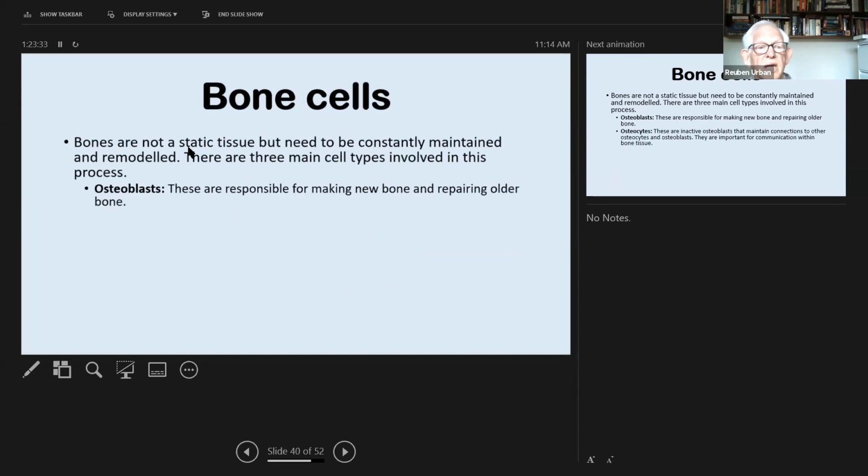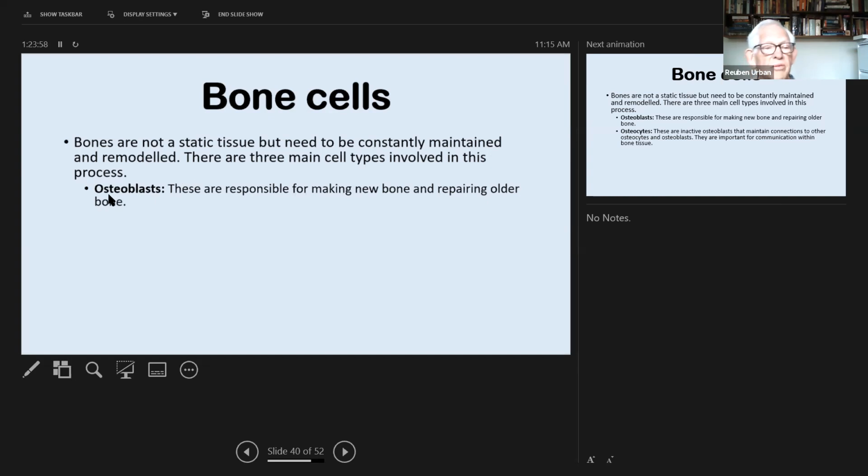Okay, now this is very interesting. They're not static. They're constantly being remodeled. So they break down and they get reformed and remade. So we have three types of cells which do this.